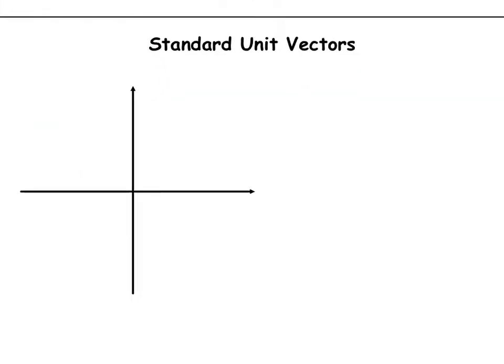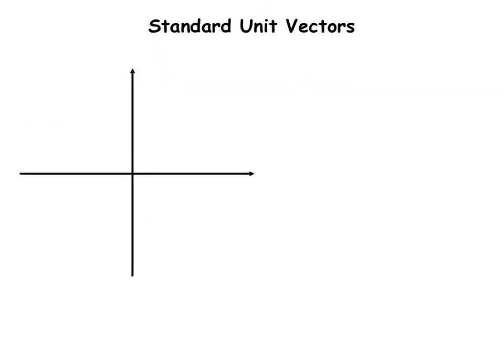So when you hear the terms standard unit vectors, here's what's going on. You could have a unit vector that goes straight horizontal, described as 1, 0. That standard unit vector gets a fancy little name, we call it i. Don't get that confused with the complex number i, it has nothing to do with it.